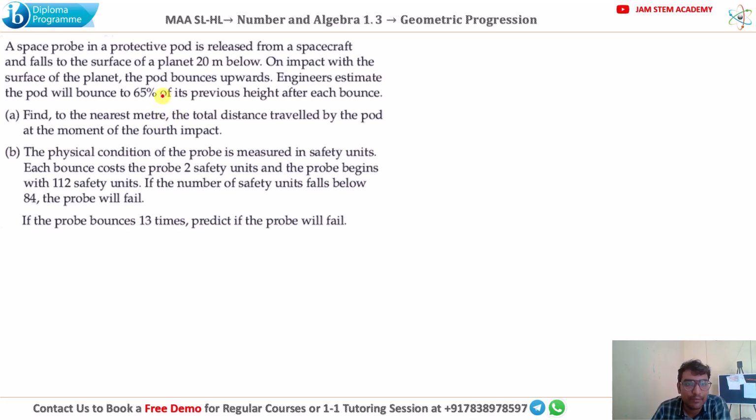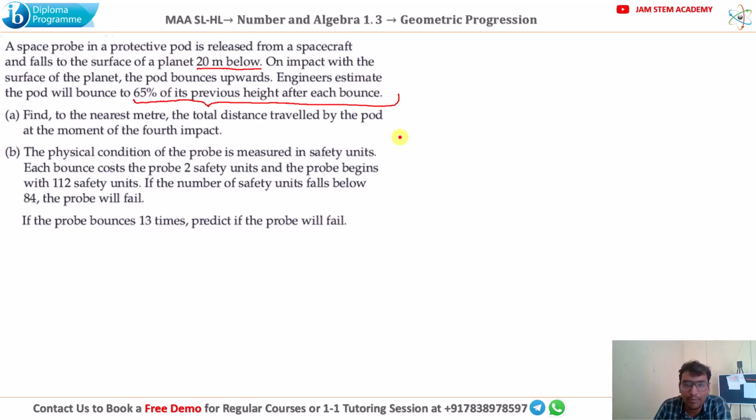Next, application based. A space probe in a protective pod is released from a spacecraft and falls to the surface of the planet 20 meters below. On impact with the surface of the planet, the pod bounces upward. Engineers estimate that the pod will bounce 65% of its previous height after every bounce.